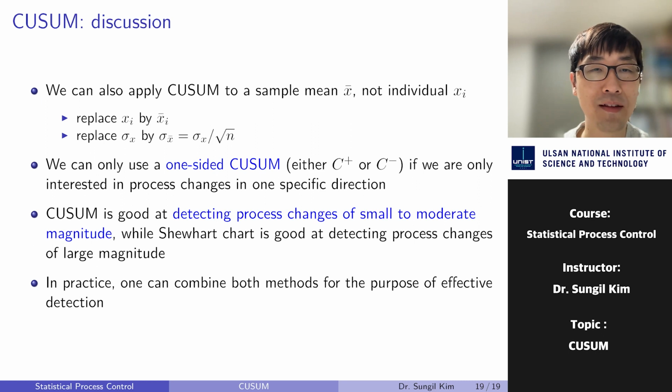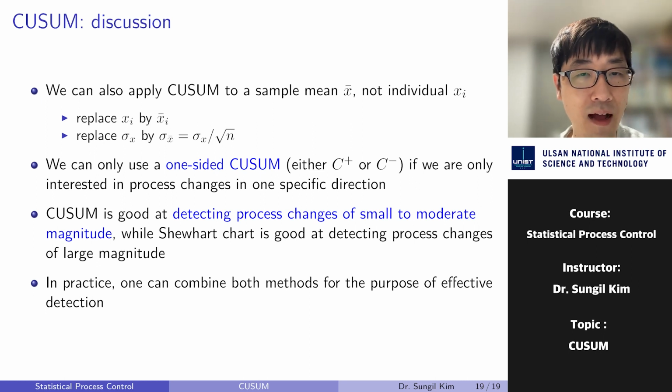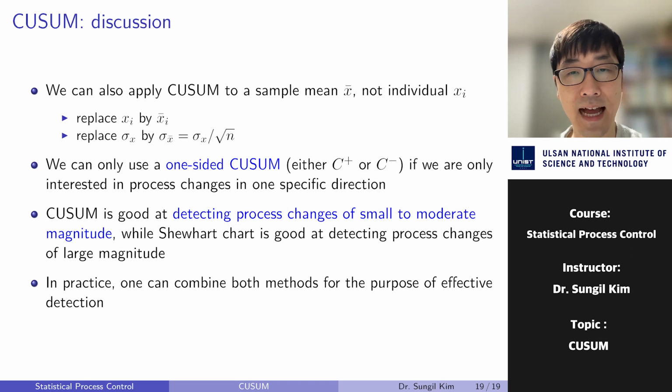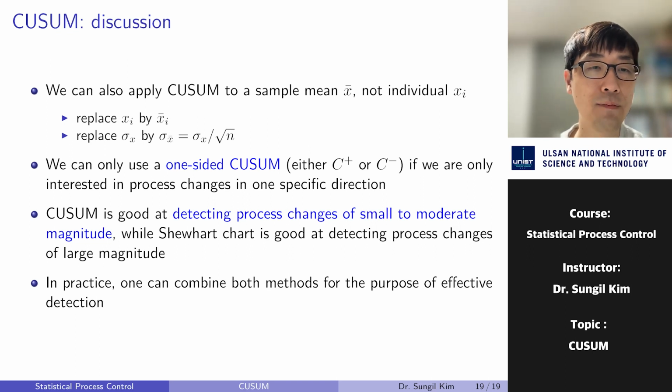Before we move on to EWMA, I have several comments to discuss. So far, we considered individual observation for the QSUM chart, that is n equal to 1. The QSUM chart can be applied to a sample mean by replacing xi and sigma by the corresponding sample statistics. If we are only interested in process changes in one specific direction, then we can easily use one-sided QSUM by simply selecting either C+ or C-.